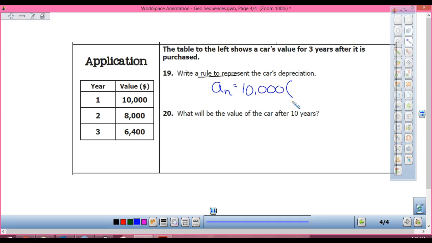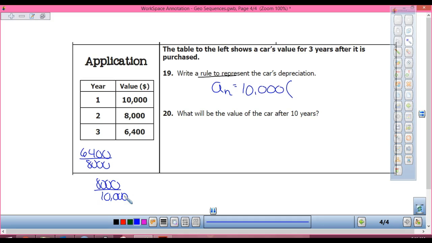How can I find what is happening? We take the one term and divide it by the one in front of it. So 6,400 divided by 8,000, or I could take 8,000 divided by 10,000, right? And what do we get?